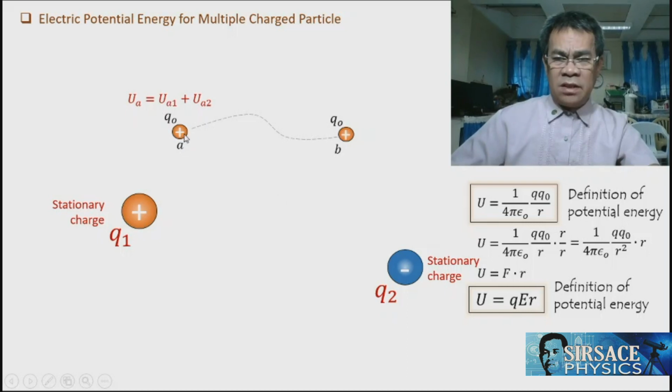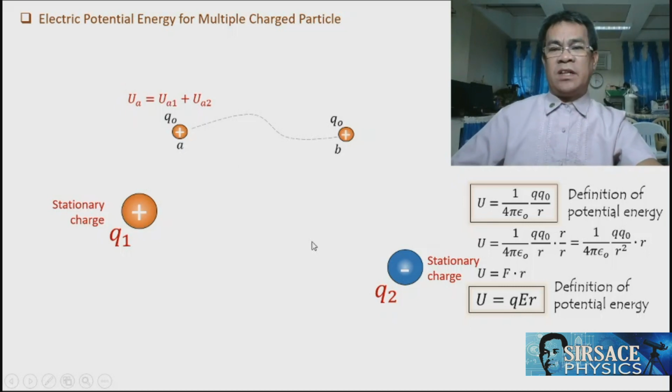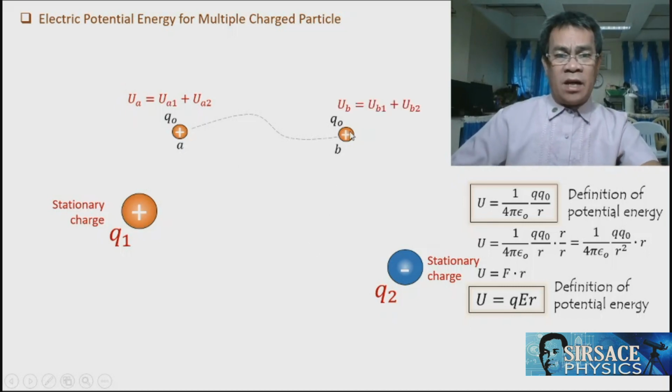So in this case, Q naught to Q1, positive, positive, the energy is positive. But this one, Q naught to Q2, negative, will produce a negative energy. So depending on the sign. So do it the same way at the final point. We need to add the potential energy at point B due to charge 1, then added to the potential energy at point B, or the final, due to charge 2. That's it, as simple as that.